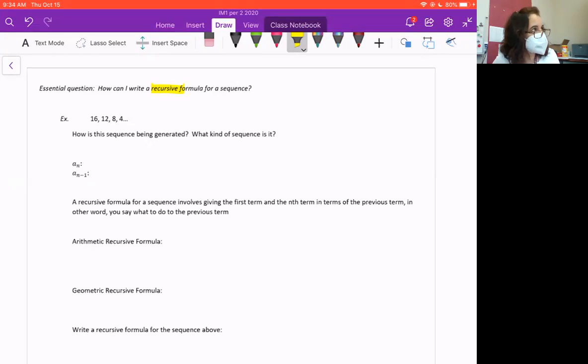So in a recursive formula, if I want to find the 4, I have to do something to the 8. If I want to find the 8, I have to do something to the 12. If I want to find the 12, I have to do something to the 16. A recursive formula is all about figuring out what you do to a term in your sequence in order to get to the next one.